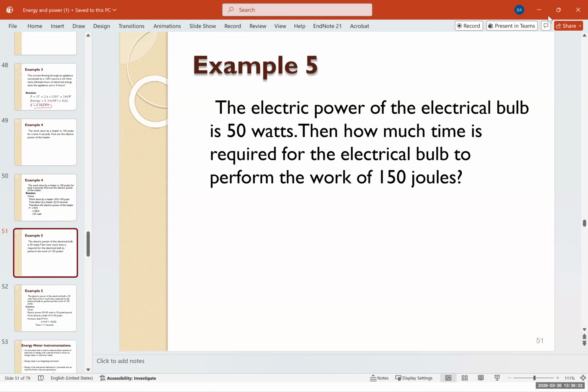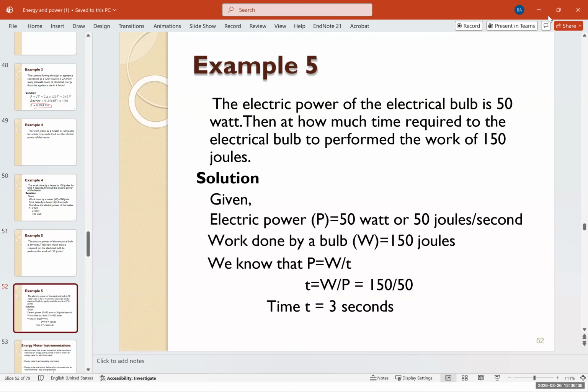What is the answer? Yes, perfect. So we know that P is W over T, or T is W over P. It's going to be 150 over 50 gives us 3 seconds.